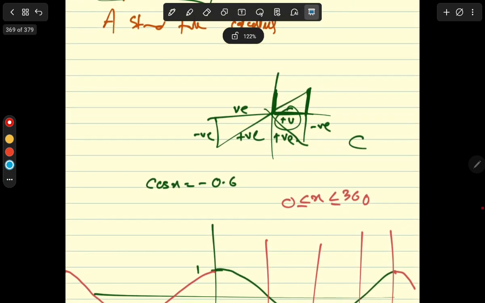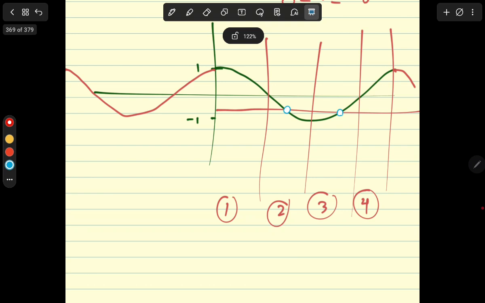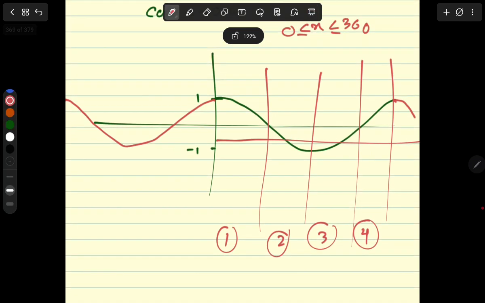And we saw that cos is negative here and negative here because it is positive here and positive here, because all ratios are positive in the first quadrant and cosine is positive in the fourth quadrant. So we are talking about the negative. So in the negative one, we know that this angle is going to be 180 minus basic angle alpha, and this is going to be 180 plus basic angle alpha.